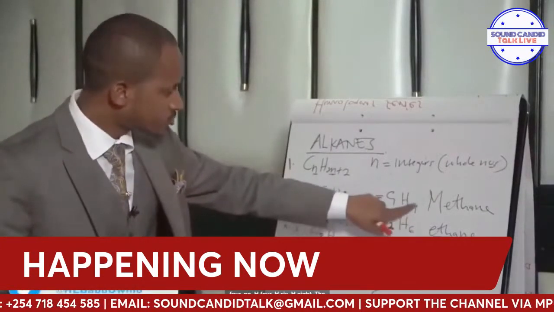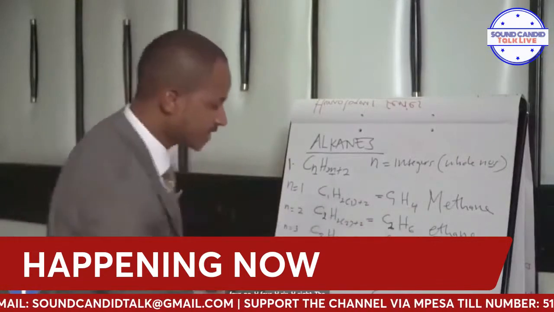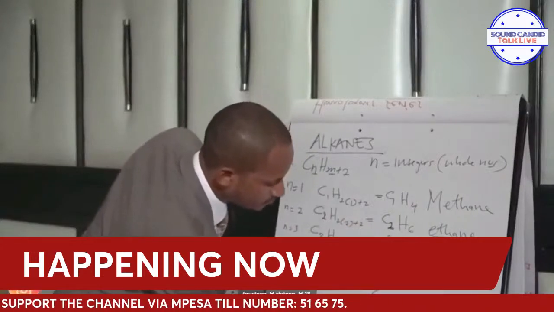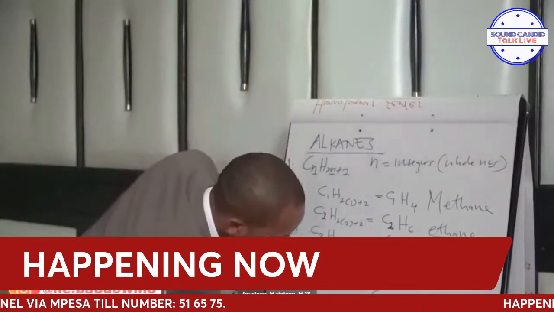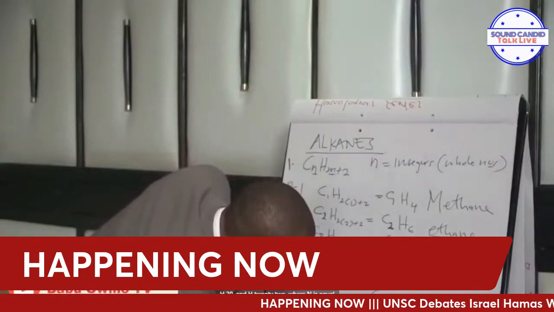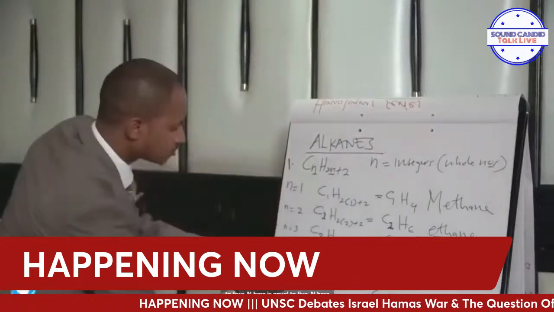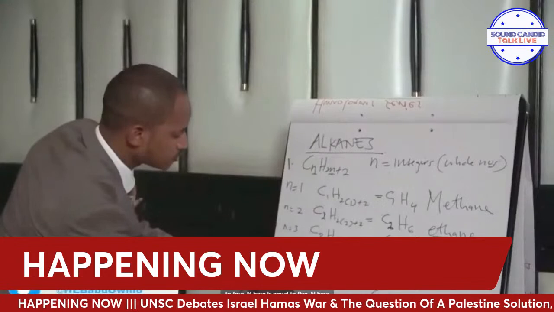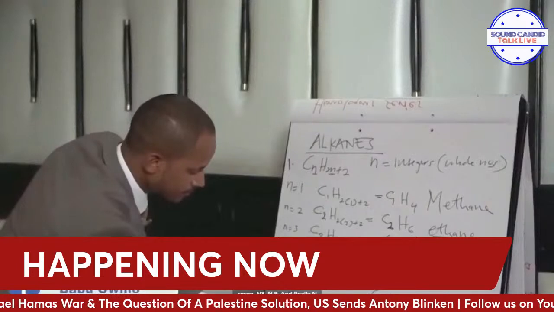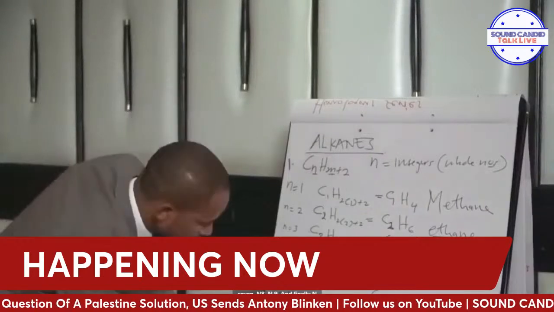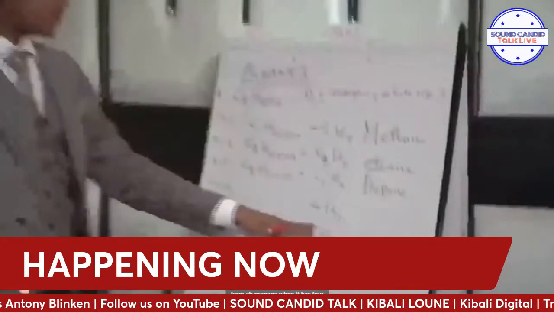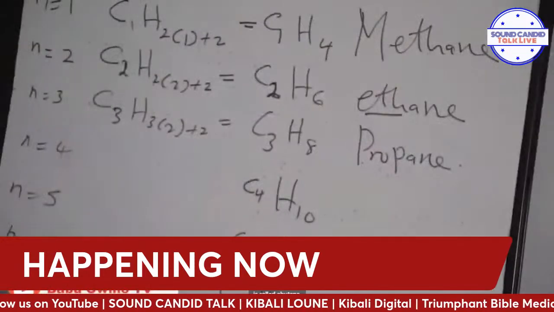The next are H10, H12, H14, H16, H18, H20, and H22, where n is 4, 5, 6, 7, 8, 9, and finally 10. With 4 carbon atoms and 10 hydrogen atoms, it is called butane.